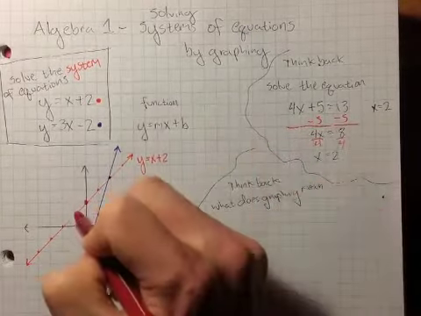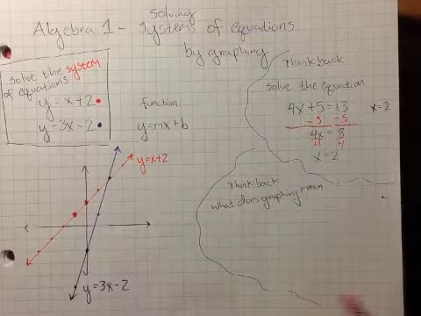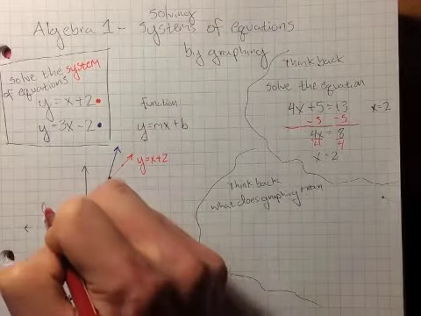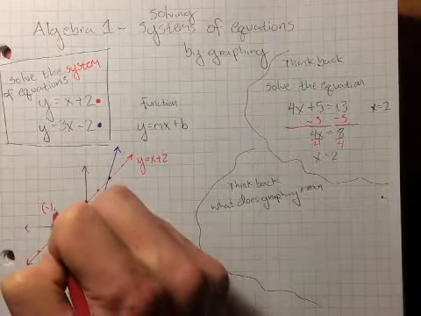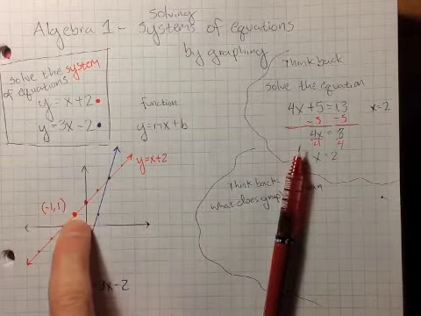So for example, this point right here. The ordered pair corresponding to that point is negative 1 is the x, and positive 1 is the y. So this ordered pair, negative 1, comma 1, is on the red line.